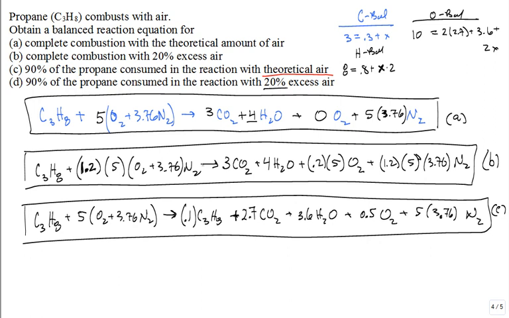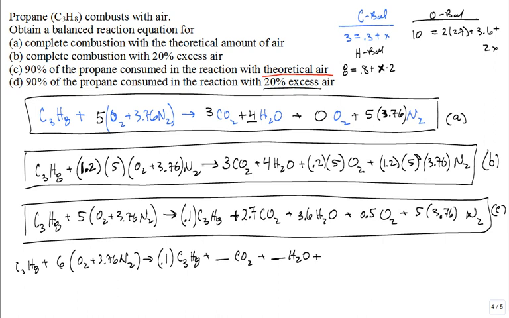So you start with 120% air, C3H8 plus, oh boy, what is this, 6 times O2 plus 3.76 N2 goes to 0.1 times C3H8 plus some diminished amount of CO2 plus some diminished amount of H2O plus some excess oxygen plus some nitrogen.